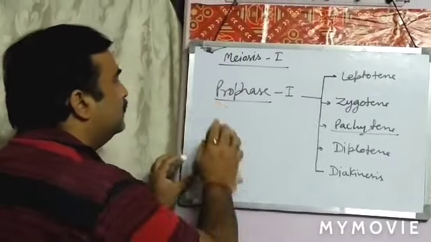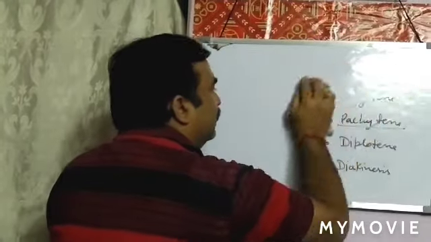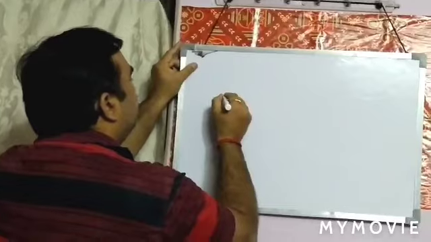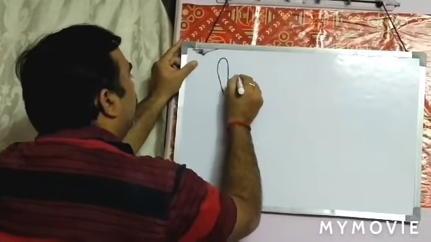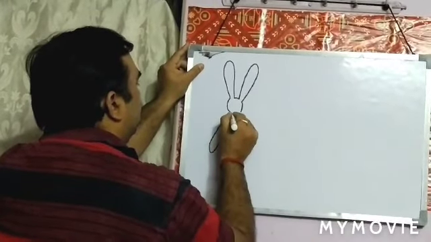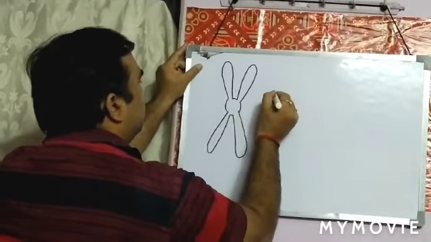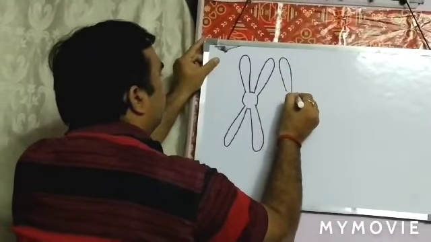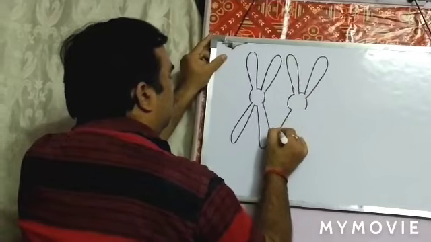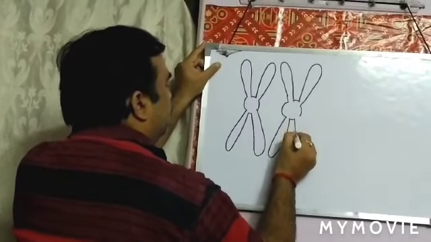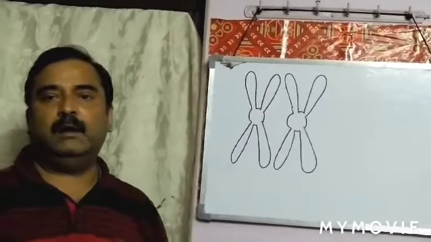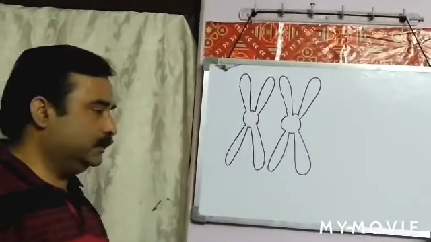How does this crossing over occur, where does it occur, and what happens? The crossing over occurs between homologous chromosomes. Homologous chromosomes means a pair of chromosomes which are exactly similar in gene number, gene sequence and morphology, with one from the mother and another from the father.